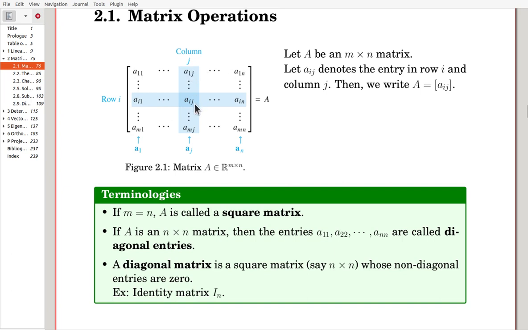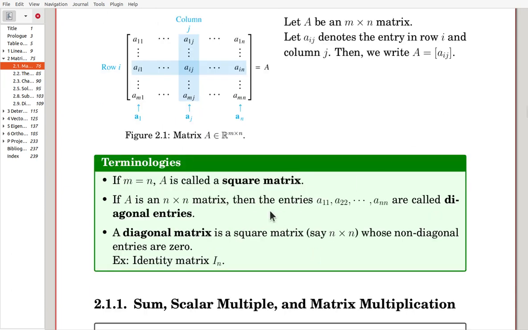So the entry in row i and column j is that one. We'll name the entry Aij. So we write it this way, A is Aij. So we can access the entry by choosing the ith row and jth column.